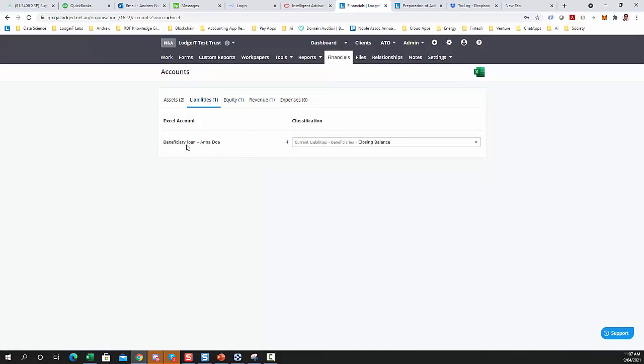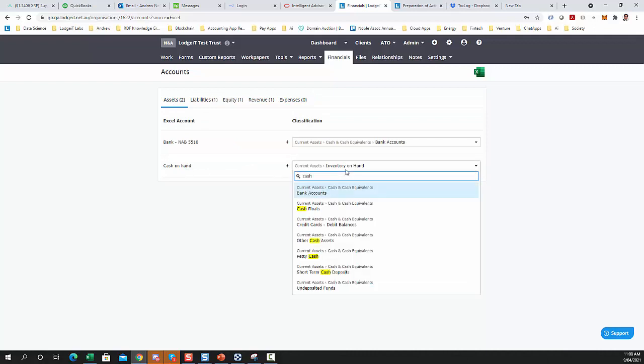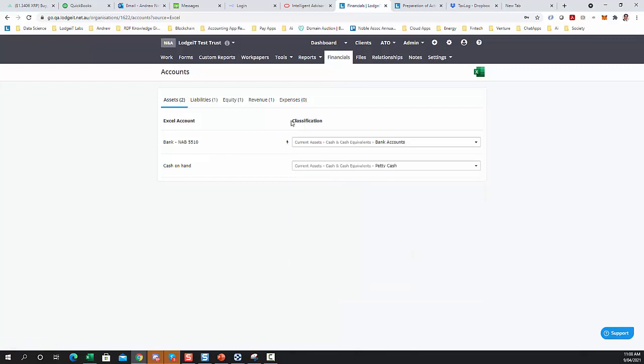So notice that the beneficiary loan simply reflects the closing balance, right? We've got our revenue, we've got our equity, settled sum, revenue and no expenses, and asset, bank account. Cash at hand needs to be fixed. Cash, so it's a cash float or petty cash, your choice.